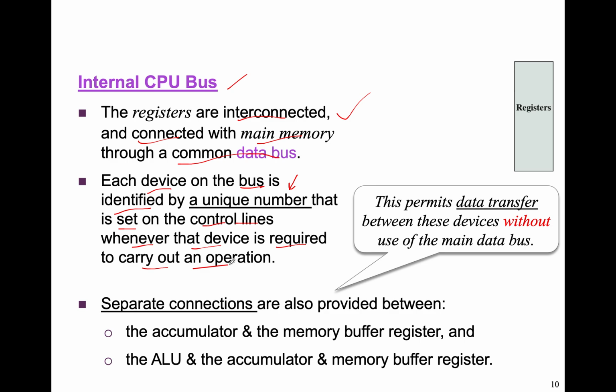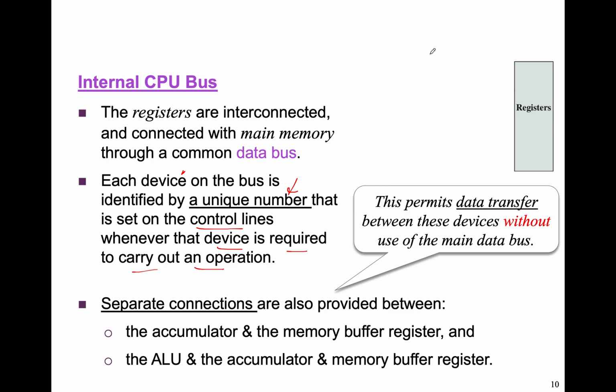This means that you have unique numbers inside your internal CPU bus, because each device on the bus is identified with a unique number that is set on the control line whenever the device is required to carry out an operation.